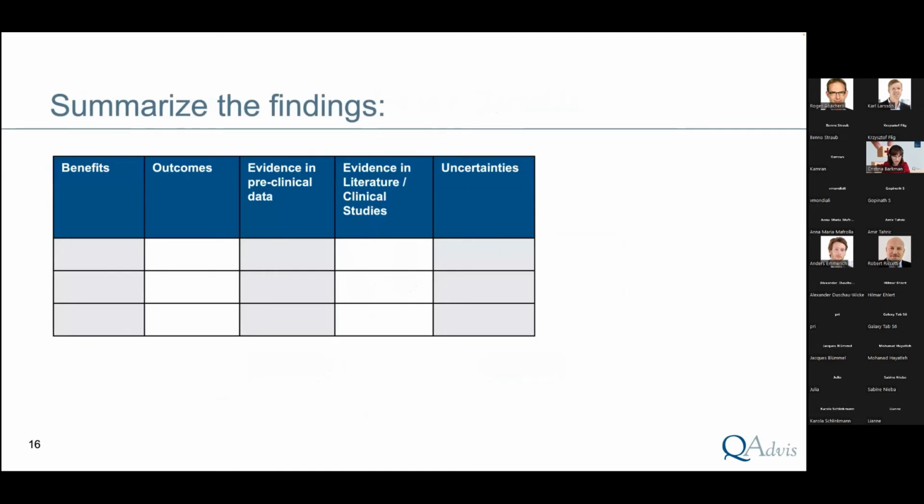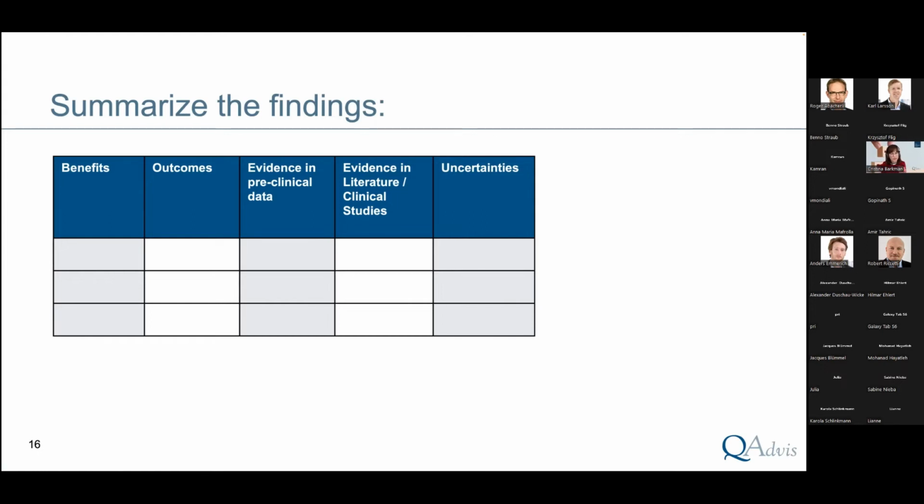Then you should summarize the findings, and you can summarize the findings, for example, in a table. This is an example, a table that I'm using in my analysis, where you would list the benefits, and you should put your expected outcomes and note where you have evidence in preclinical data, report number, and place of the report.